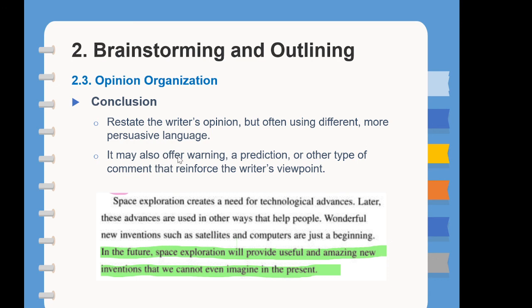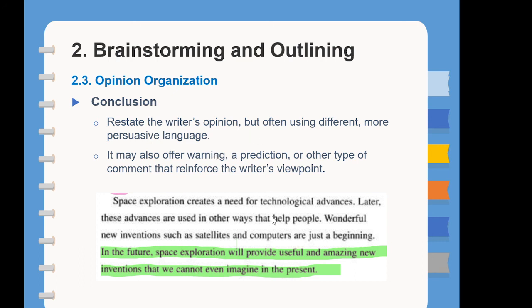It may also offer a warning, a prediction, or another type of comment that reinforces the writer's point of view. This is the last part of your conclusion. You can also include a warning, a prediction or another type of comment, but it doesn't mean that you include all. It can be a prediction, or it can be a warning.